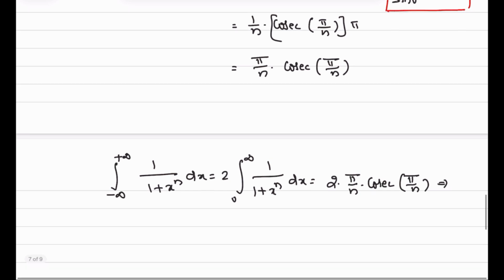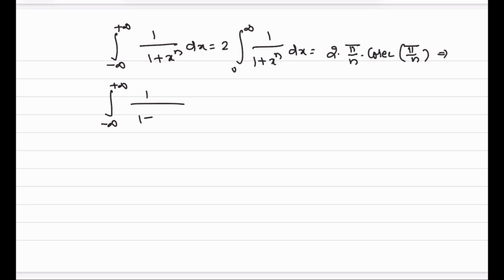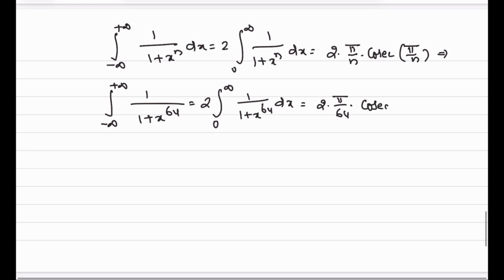That implies the final answer for the integral minus infinity to plus infinity 1 by 1 plus x to the power of 64 dx is equal to 2 into integral 0 to infinity 1 by 1 plus x to the power of 64 dx, that is equal to 2 into pi by 64 into cosecant pi by 64.